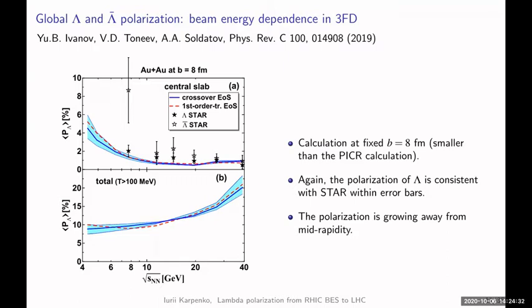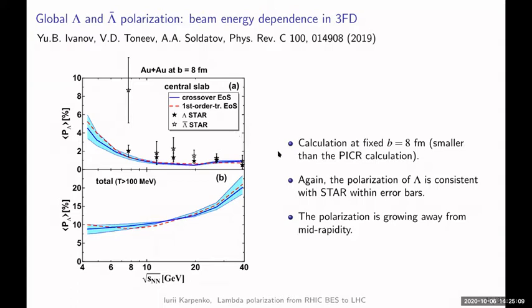Here I can only mention that there is an excitation function of lambda polarization also from 3FD. It is also roughly within error bars for lambda with experimental data, same as the two other calculations. The calculation was also done at fixed impact parameter, so it's a bit smaller than the calculation in the PCR model. So maybe that's one of the reasons why the polarization is also slightly smaller overall.